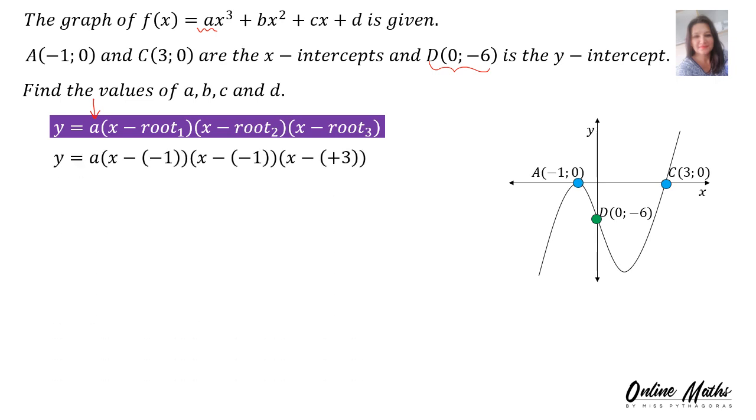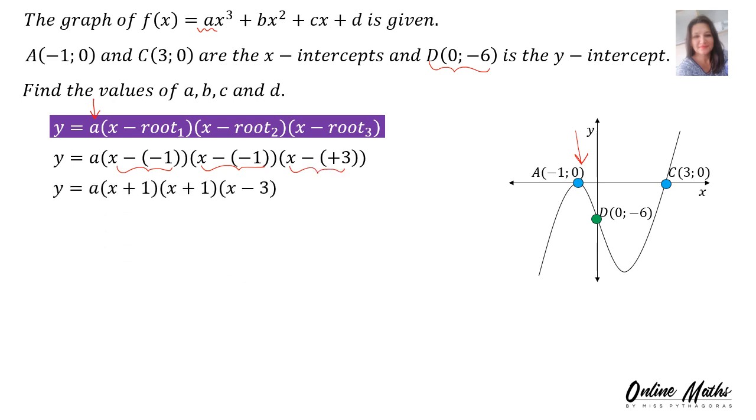Now, it becomes y is equal to a, bracket x minus minus 1, x minus minus 1, and you understand why I'm repeating this minus 1, since this is the x-intercept and the place where the graph bounces. And then the other root is there at 3, so therefore this becomes x minus 3.